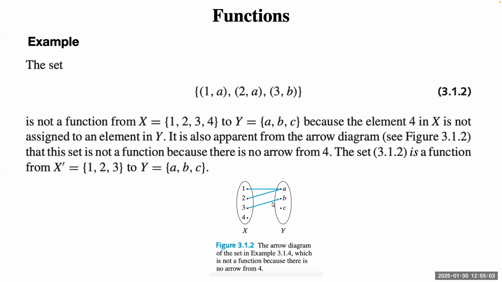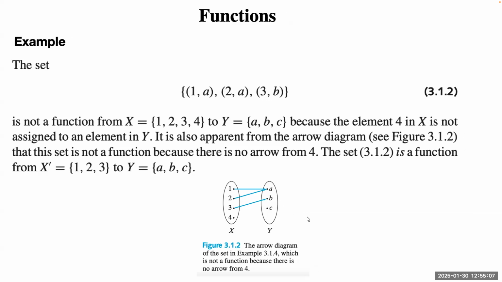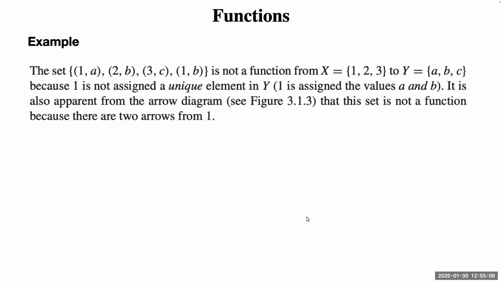So here's the arrow diagram for that. The set {(1,a), (2,b), (3,c), (1,b)} is not a function from X = {1, 2, 3} to Y = {a, b, c}, because 1 is not assigned a unique value in Y. 1 is assigned a and at the same time also assigned b.